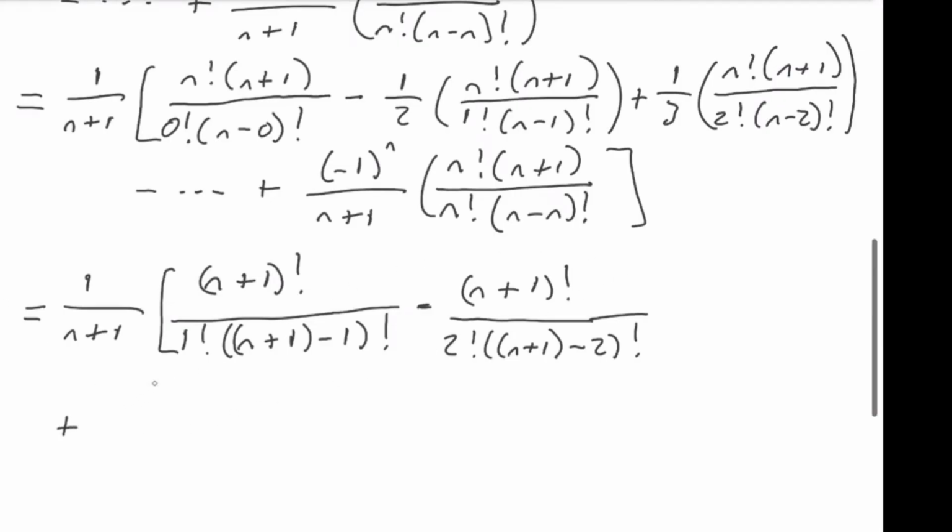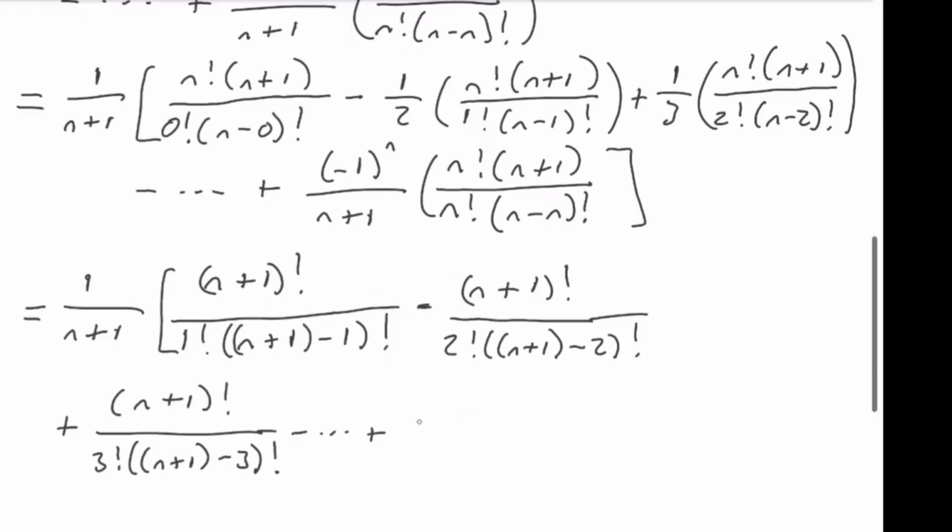Plus, this will be (n+1)! over 3 times 2!, which is 3!. And then I can rewrite this as (n+1-3)!. And then I can do minus, plus, and then I'm going to do the same process, right?